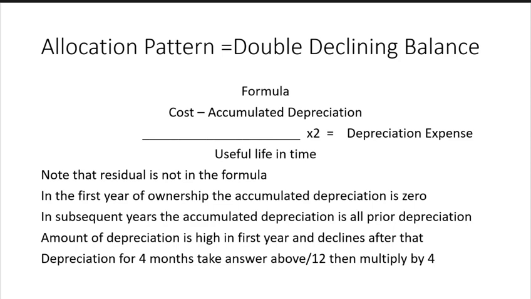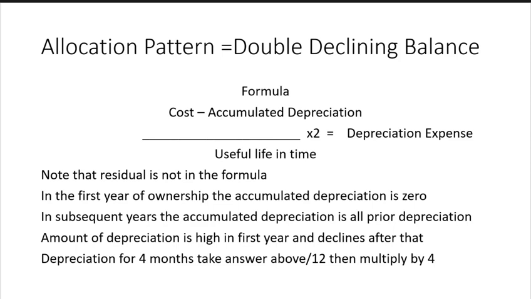So, a couple of things about this. When you start this formula, cost minus accumulated depreciation when the asset is new is 0. So the first year, that calculation is 0. But then every year after that, it's all prior depreciation. Okay? So the amount of depreciation is high in the first year.